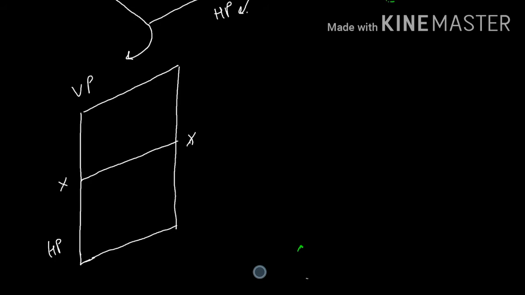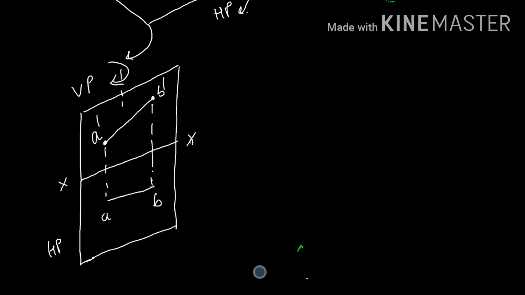On the front view we have a line which was initially parallel to the VP, and on the HP we have this line. This is A, this is B, this is A dash, B dash.